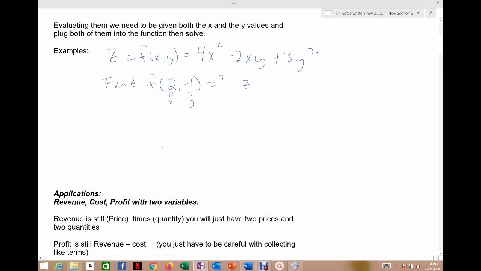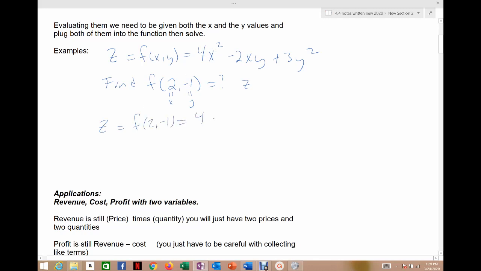What's going to be harder about these functions is it's going to be a long expression of x and y terms. So just make sure you're careful when you plug it in. The biggest thing is make sure you're careful when you plug in your 2 for x and your negative 1 in for y.